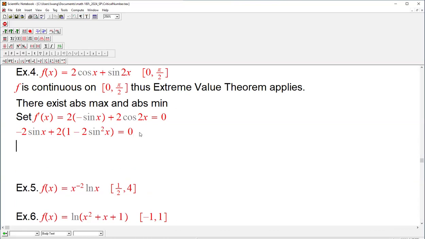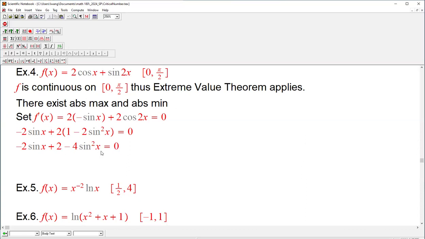Once we have that, we are going to solve it. So negative 2 sine x plus 2 minus 4 sine squared of x equals 0.